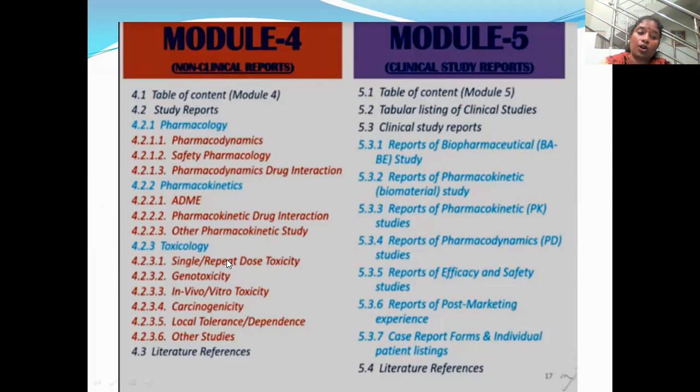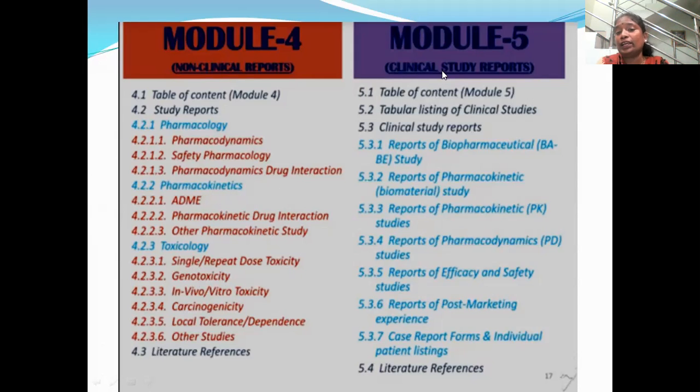Toxicological studies: what do they need? Single and repeated dose toxicity you have to submit, genotoxicities, in vivo and in vitro toxicities, carcinogenicity, local tolerance and dependence studies and other studies you have to submit in toxicological studies.